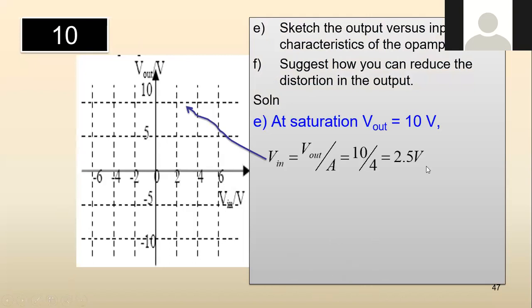V in is V out divided by gain. Putting in 10 volt and gain 4, we get 2.5. So 3 is about here, and 2.5 is about there. Draw a horizontal line there. Do the same for the negative side, and after that you can draw a straight line.